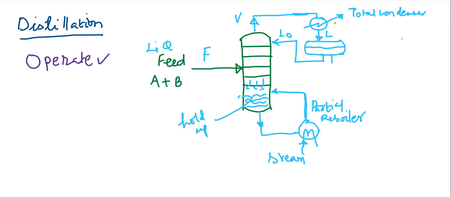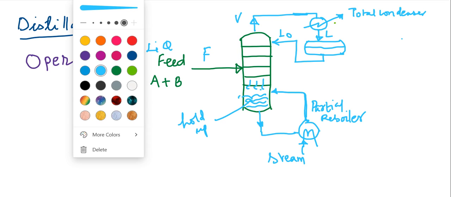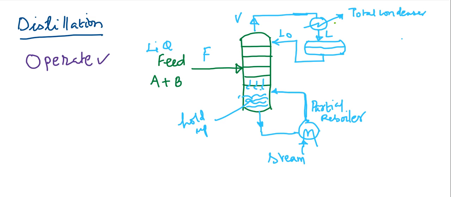Why? Because I am just considering a total system wherein feed is given to some extent hold up, then the feed is cut off, then heat is given, and the vapor which is going up is condensed to liquid phase in a total condenser, and it comes into a reflux drum.